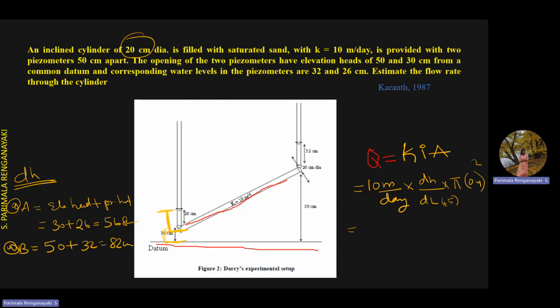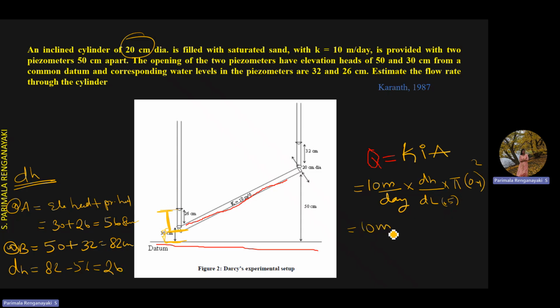That is not correct. We need to consider the pressure head from the bottom, so from the common datum. So now our dH is equal to 82 minus 56, which is nothing but 26.